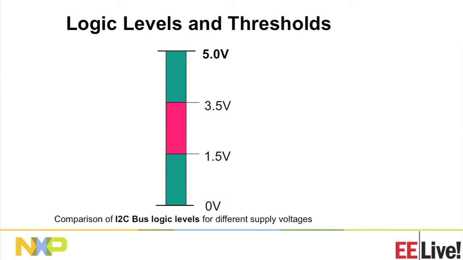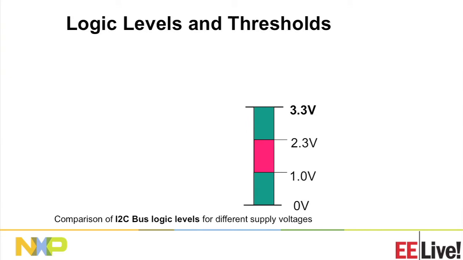So those are the numbers you end up with for the threshold voltages, and obviously you want your bus to be in the green section for zeros and ones. Fast forward 10, 15 years from the original design, most people are moving to 3.3 volts, so we simply scaled the same percentages and got new values for voltages.